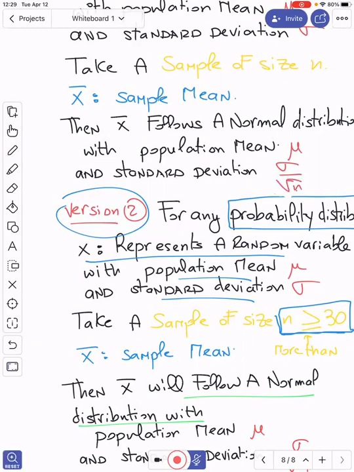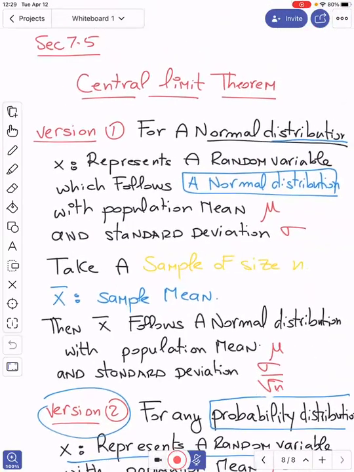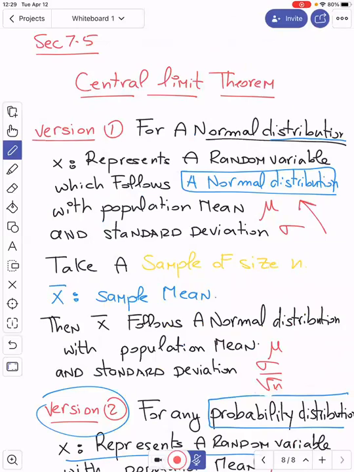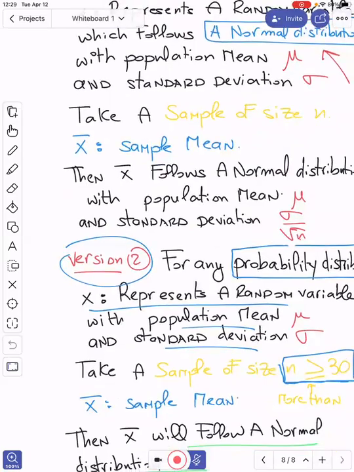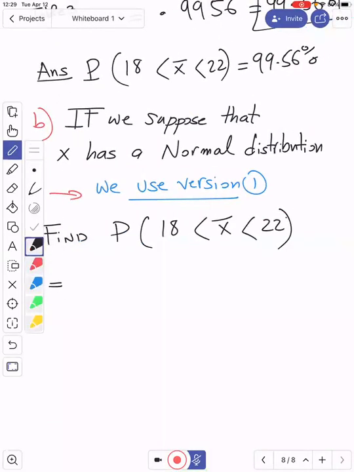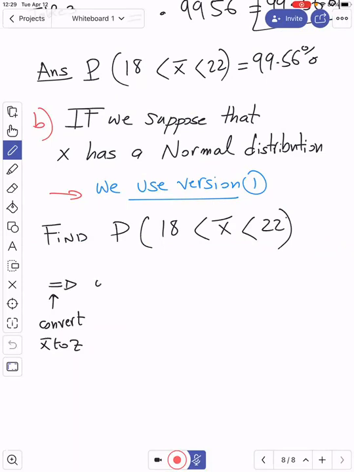Here your X follows a normal distribution, so we can convert X bar to Z, and we can do the same computations.